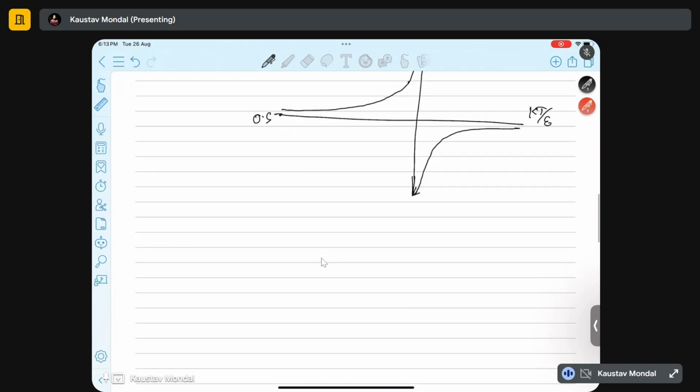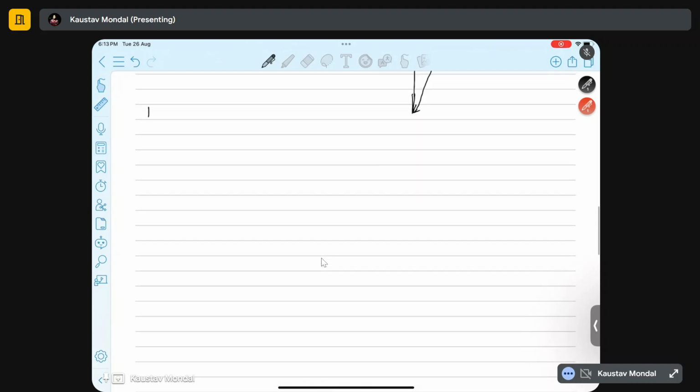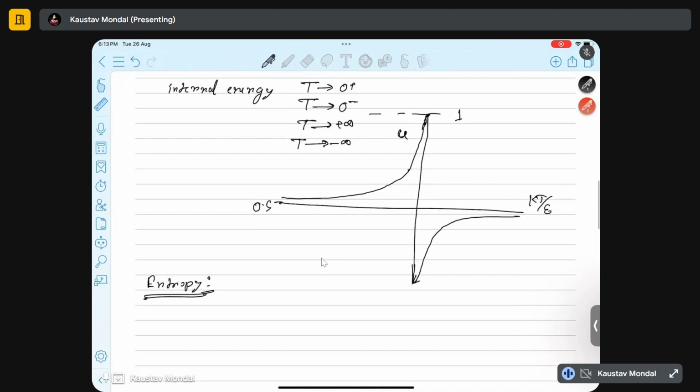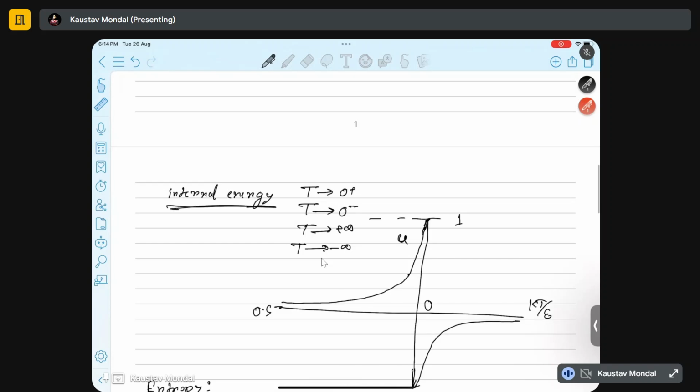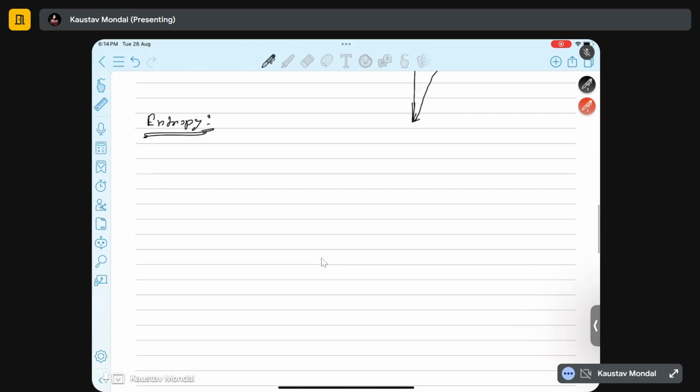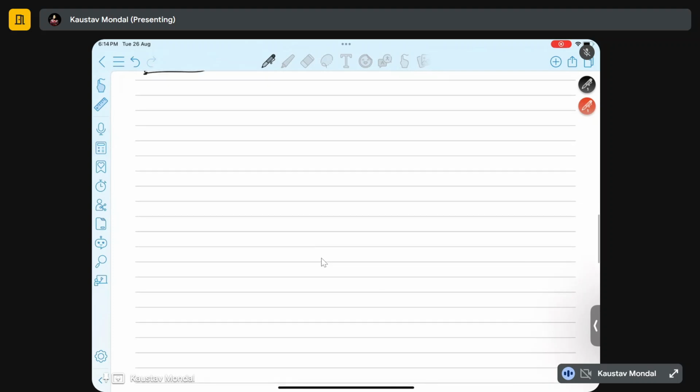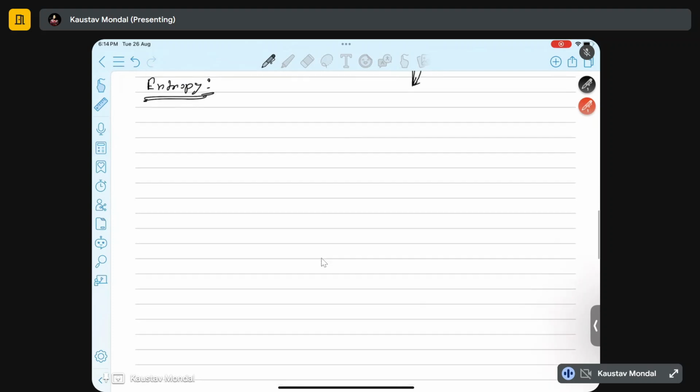Lastly, we have also shown how the entropy varies. For the entropy we got something interesting. For the internal energy we found a discontinuity close to 0. For the entropy, for the four limiting cases we have also calculated the entropy, and it looks like this.